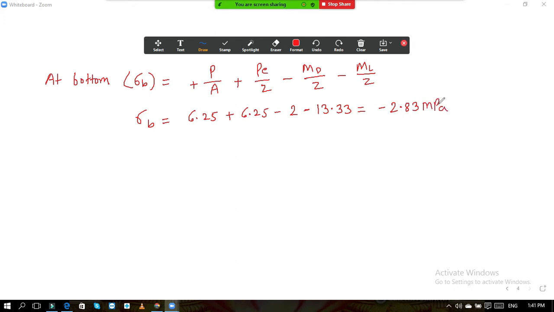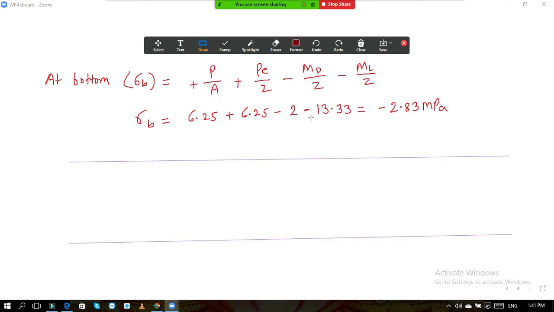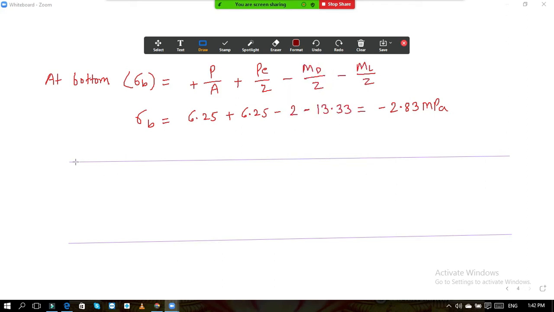Okay. So now we will draw the diagrams. So now first for our reference, I will draw the line, and on that line we will draw the diagram. First we will draw the cross section of the beam over here.